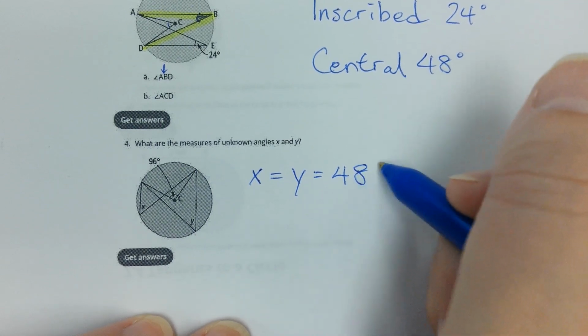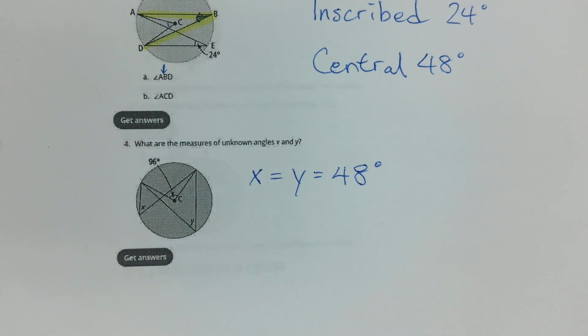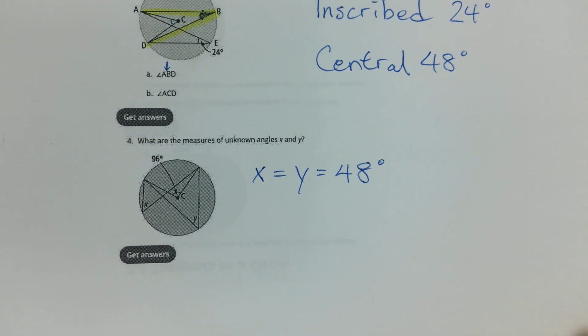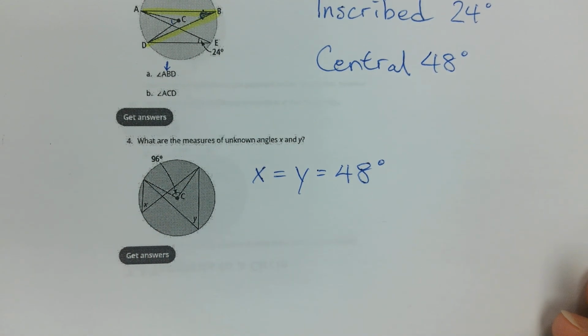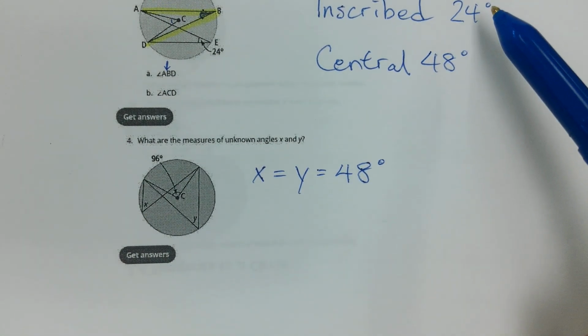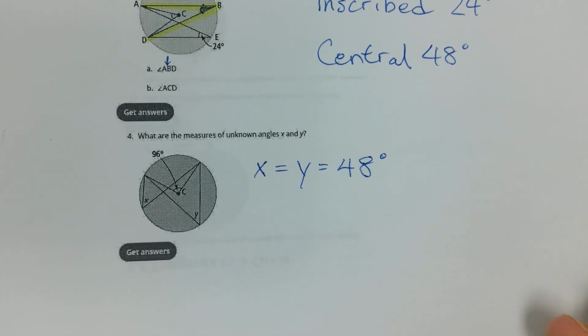Good. Because both of these are inscribed angles, both of them are 48. Notice the unit: degree sign, degree sign, degree sign. On the final exam, if you don't have the degree sign, half the mark off.